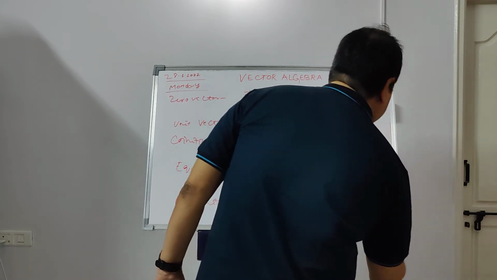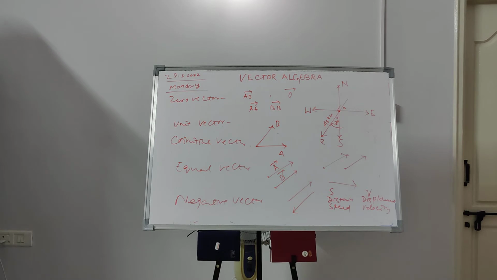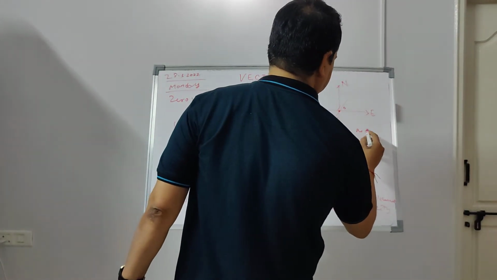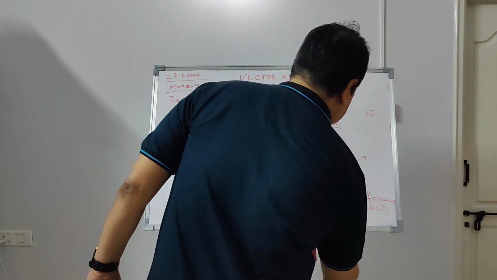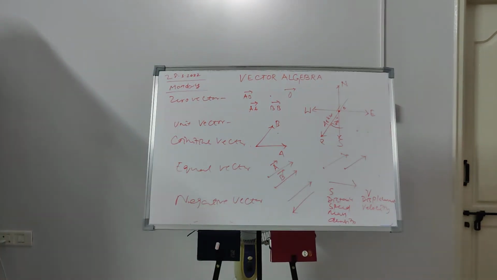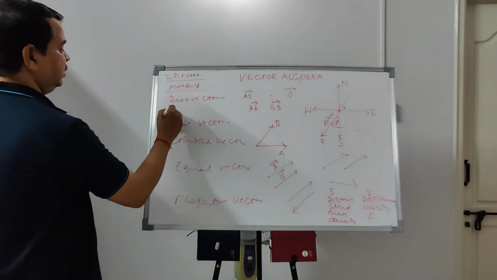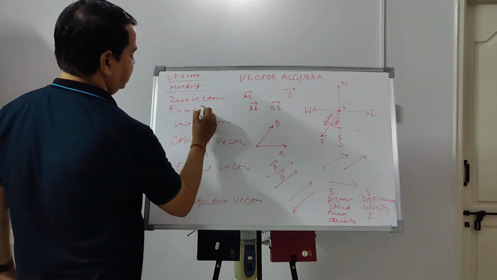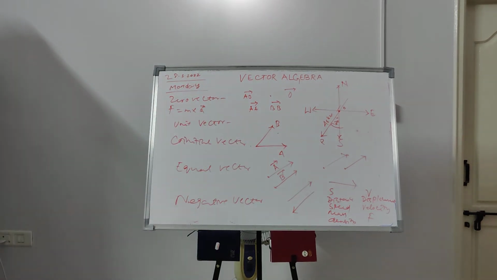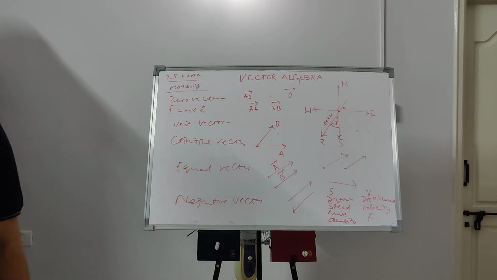Both have the same unit, but one has direction. Mass and density are scalar only, because they don't have any direction. But force is a vector, because force is nothing but mass into acceleration. When you multiply a scalar with a vector, it becomes a vector.